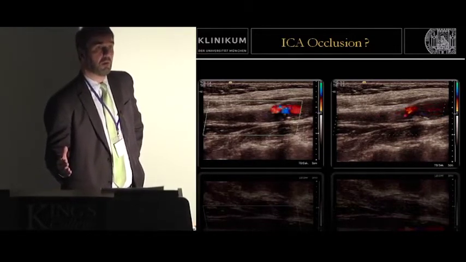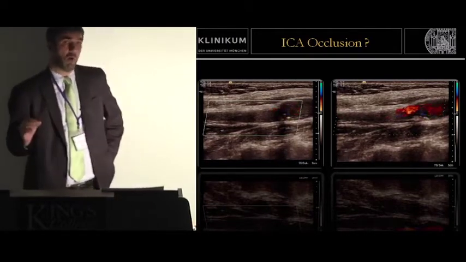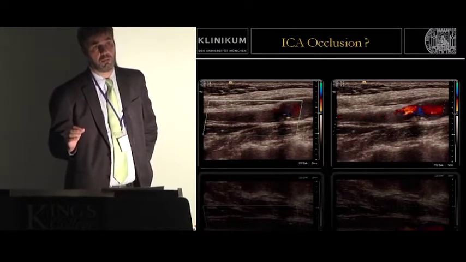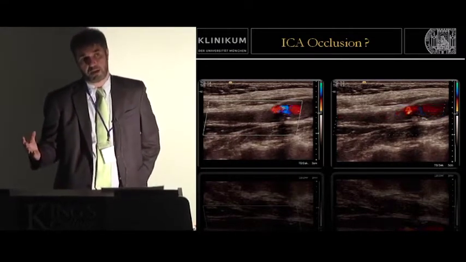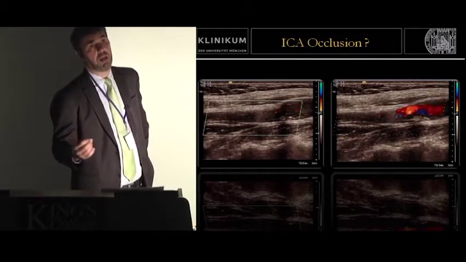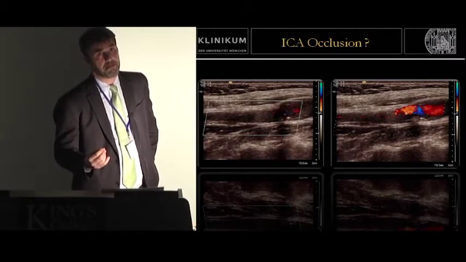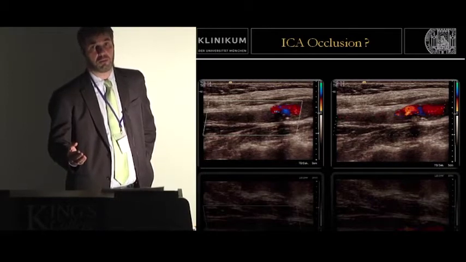Is there any flow in the ICA, yes or no? If there is no flow, our vascular surgeon will not treat the patient because then the vessel is occluded. But if there is a minimal flow, this patient has a risk of developing strokes again. So what's your opinion? Is there a flow or not?